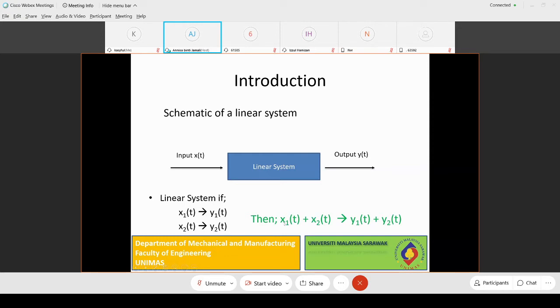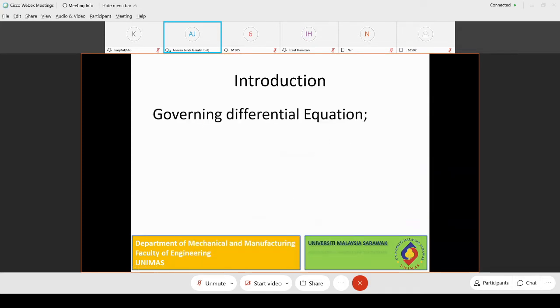Then when we combine these two inputs, x1(t) plus x2(t), it will give output of y1(t) plus y2(t), right? The governing equation of the linear system just now is a differential equation, right?